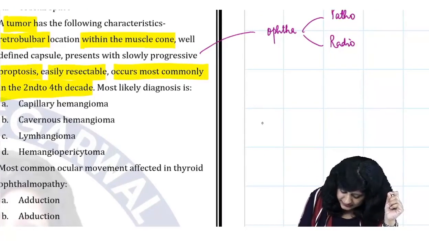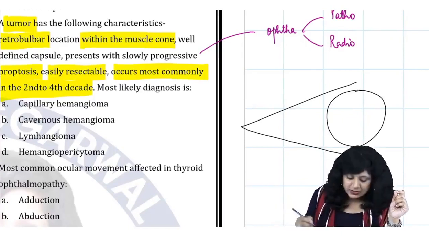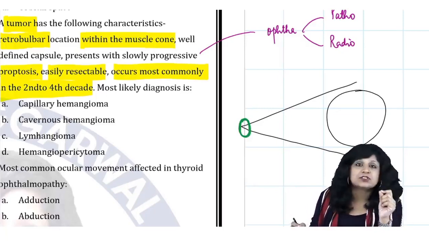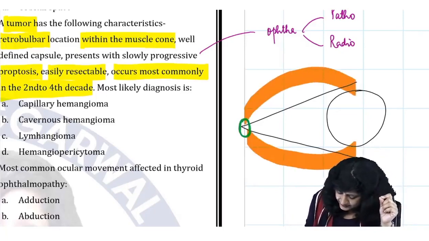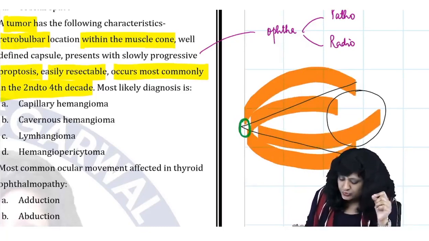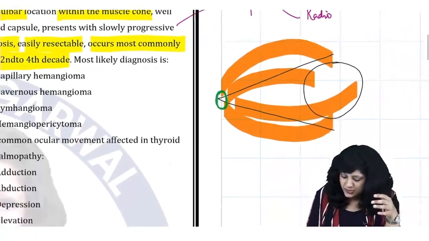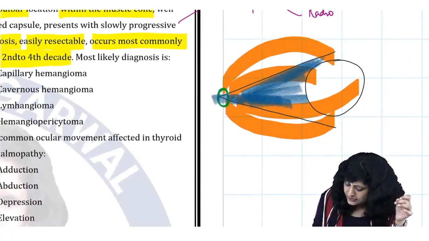Suppose this is your orbit, and we have the eyeball. Now at the apex of the orbit we have this annulus of Zinn, and from this annulus of Zinn the muscles are reaching like this. Can you see this cone kind of a thing formed by the muscles? This area is your muscle cone.